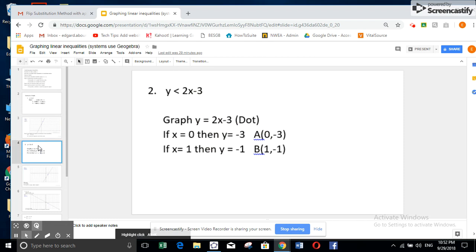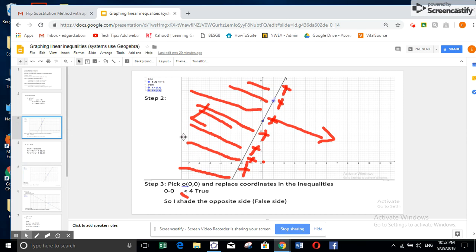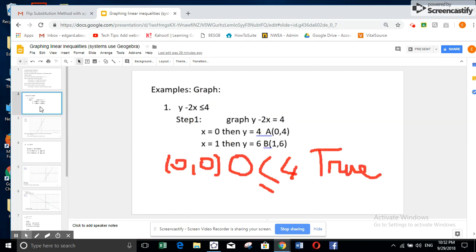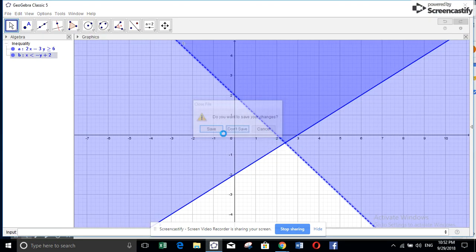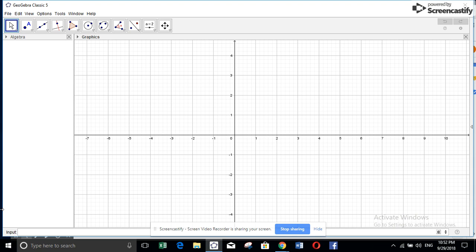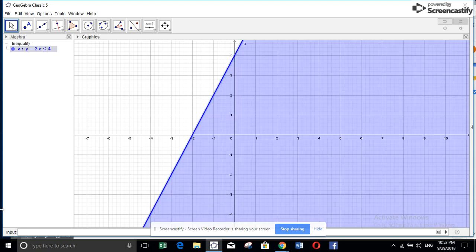Let us take another example. Here I have y less than 2x minus 3. Before, let us do it on GeoGebra. If you want to do this line on GeoGebra, y minus 2x less or equal to 4. So it is bold. As I told you, in all programs, it will give me the shaded part.